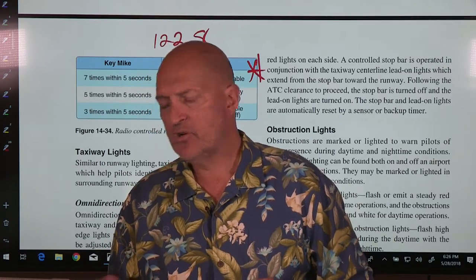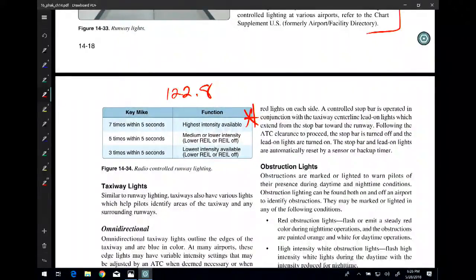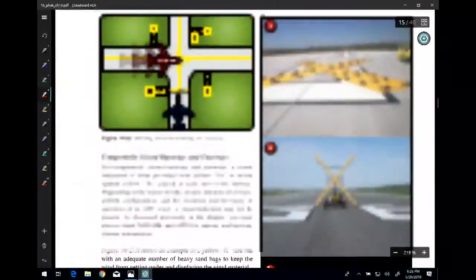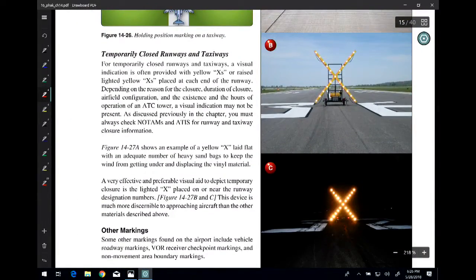How would you know if a runway was closed? Well, let's take a look. I think we passed it up here. Okay? You're going to have a big X on that runway. In most cases, it's going to be painted on the runway that you can see during the daytime with a big yellow X on it.